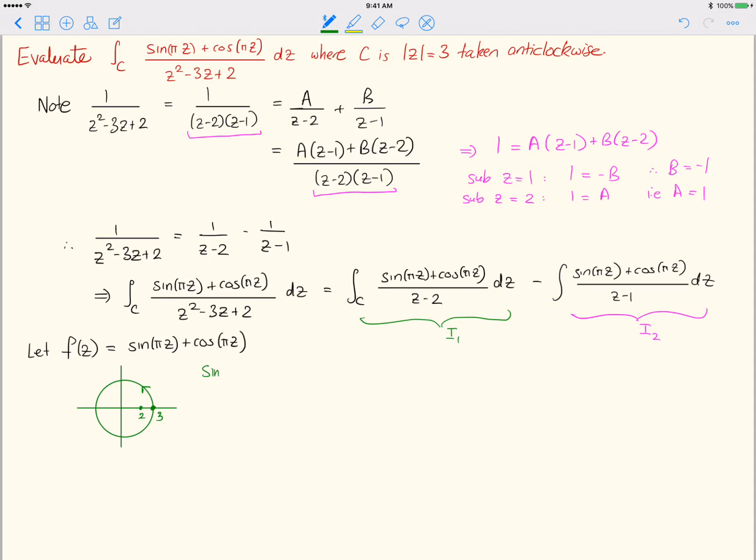So since f is analytic inside and on C, and z equals 2 is interior to C, we can apply Cauchy's integral formula.